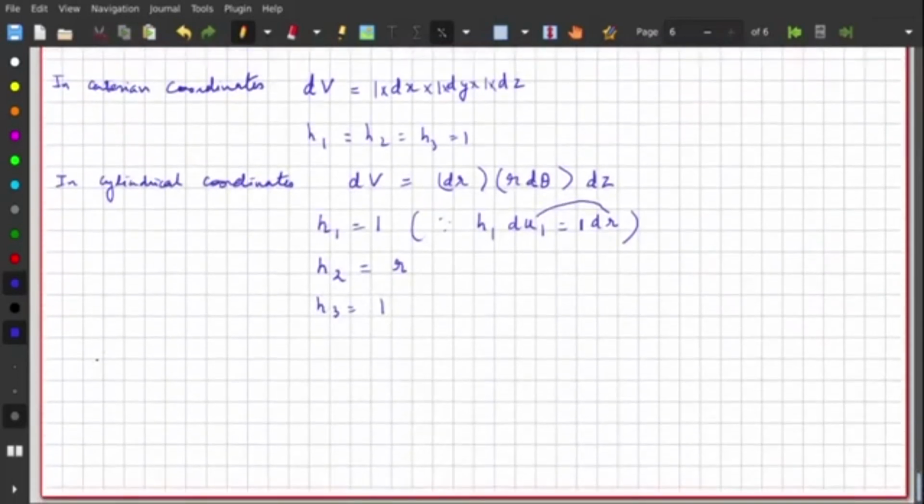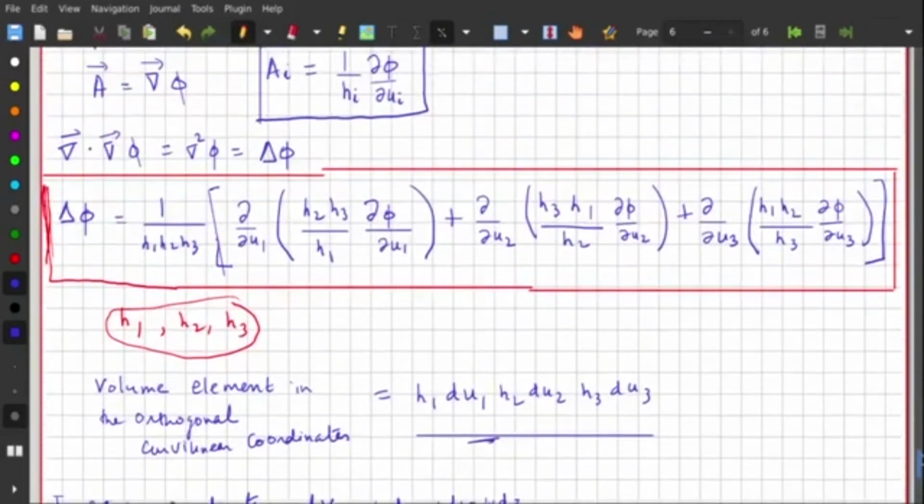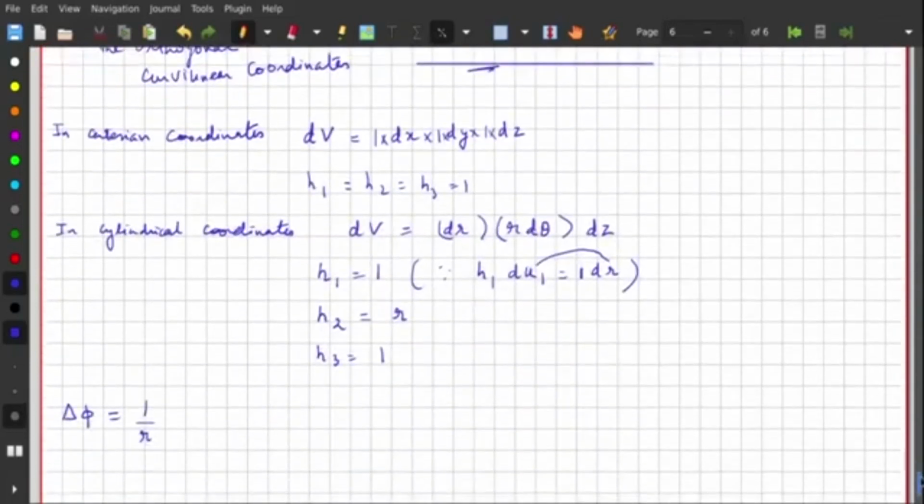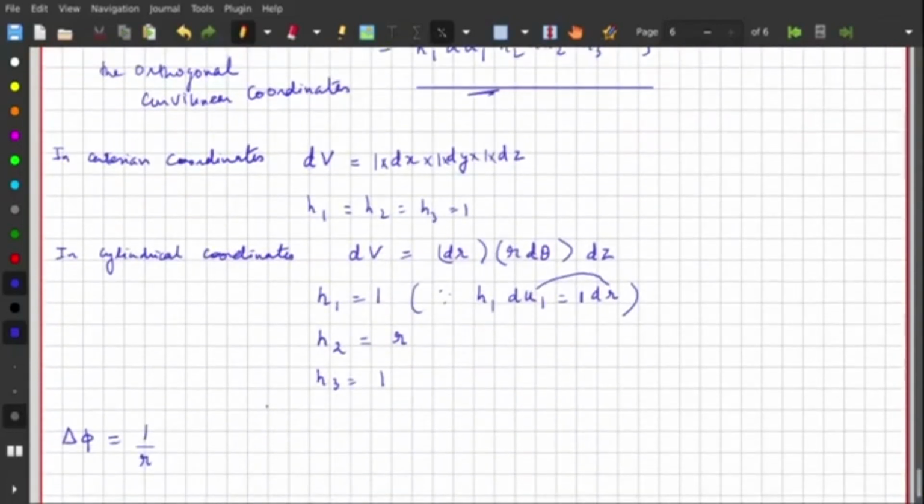Okay, so let me write the Laplacian operator in cylindrical coordinates. So that will become 1 over r, because remember, you have 1 over h1 h2 h3, and h1 and h3 are 1 and h2 is r, so the product is r.